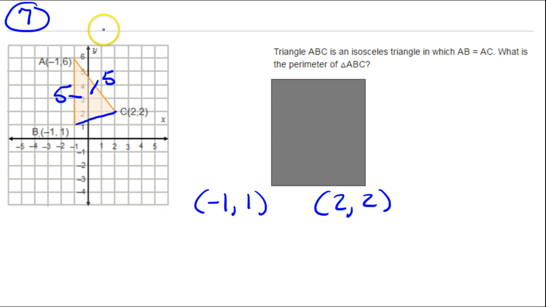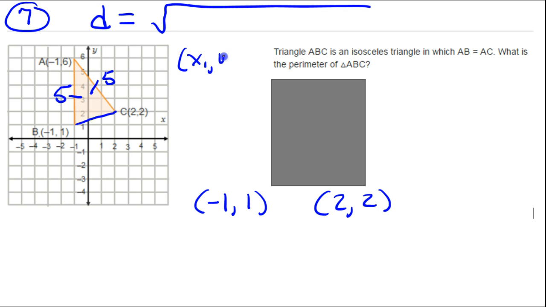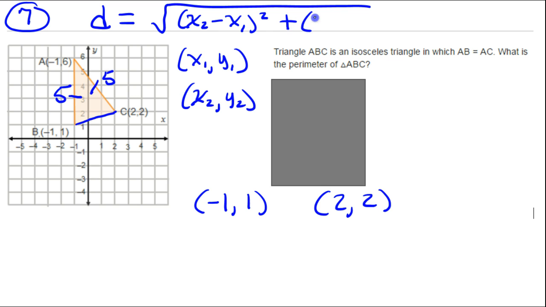I'm saying it that way because I'm trying to remind you that what we need is the distance formula. And we learned if you want to find the distance between 2 points, x1, comma y1, and x2, comma y2, then what you do is you do x2 minus x1 squared, plus y2 minus y1 squared, and you take the square root of all that, and that will tell you the distance between them.